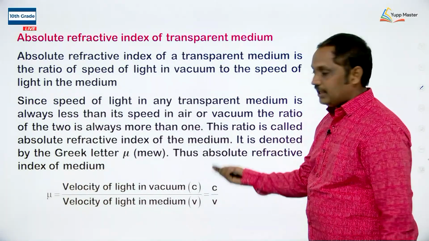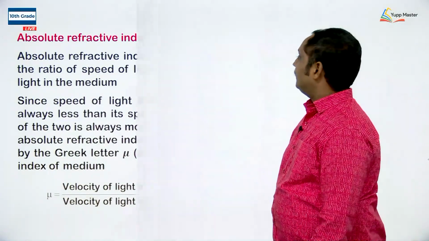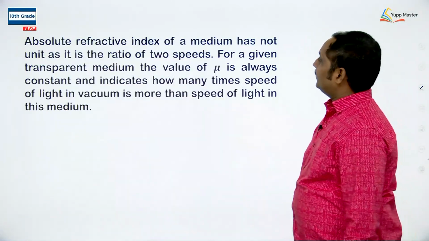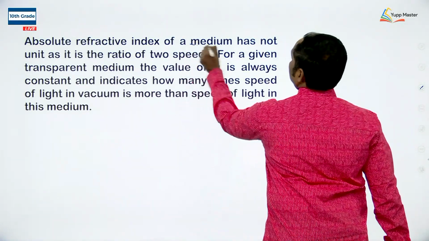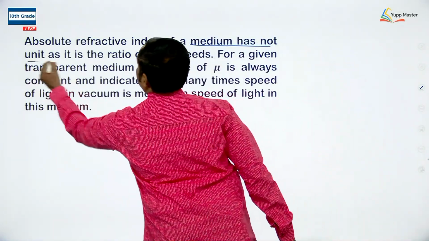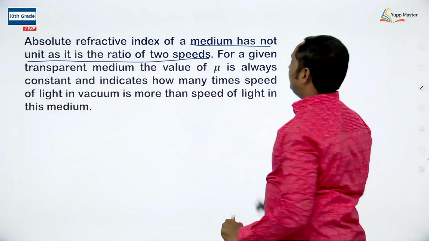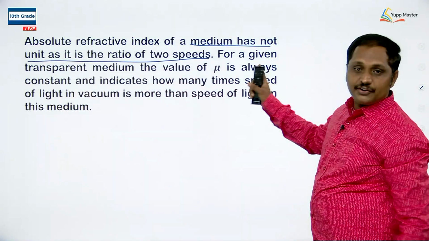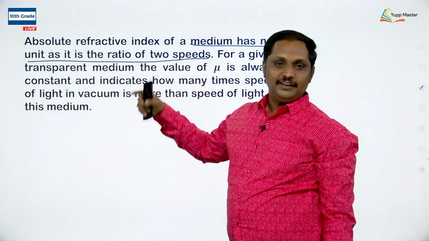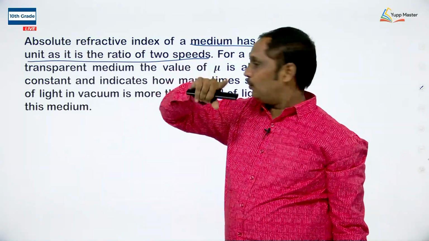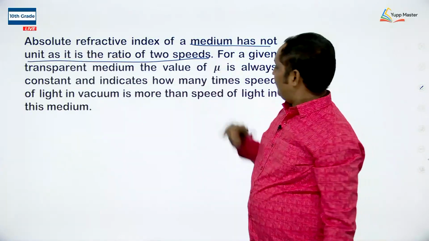It is very clear, what we have discussed previously. It does not have a unit, the ratio of the two speeds for a given transparent medium. So, the ratio of the two speeds is nothing but mu is equal to c by v.